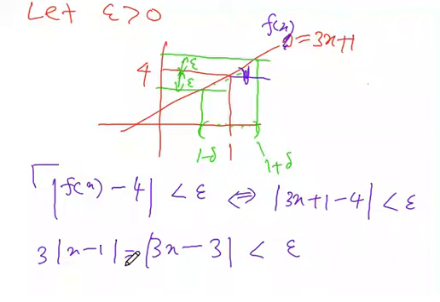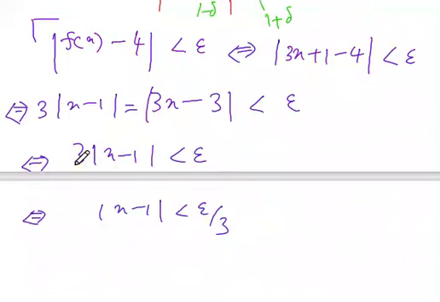Then you can rearrange this inequality. I divide both sides by 3, so you get the modulus of x minus 1 less than epsilon over 3.